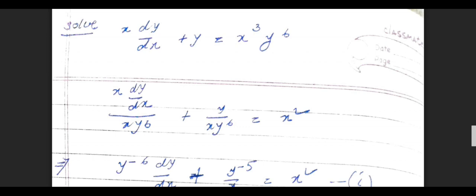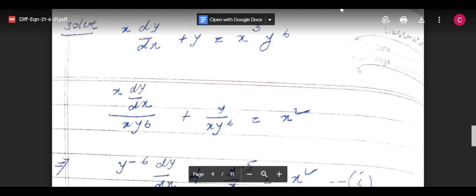Let me see from the book some more problems. Actually, second order is not there, but we should learn. We are just learning first order and first degree.